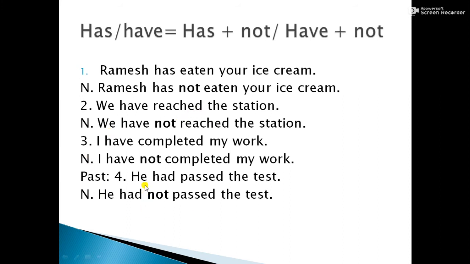But the past tense form of either has or have is had. So if the positive sentence is in the past tense using the past form of has, then you simply add not after had. He had passed the test, he had not passed the test. So it's quite simple.